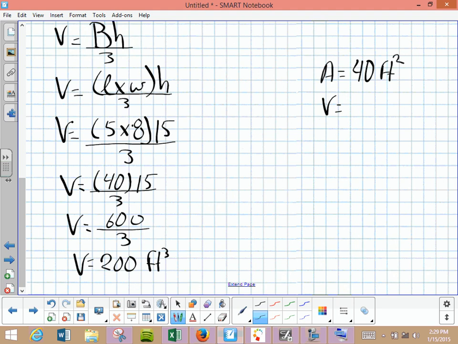Squared is the area. You only use cubic when you find the volume. Please don't forget that, because if you get the units of measurement wrong, I'm going to mark it wrong, even if you got the right number. You need to know what you're talking about. The area and the volume are two different things. And the volume, I need it right here, as in cubic feet, right?